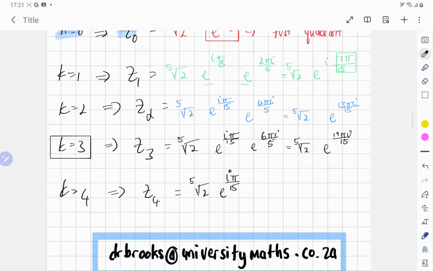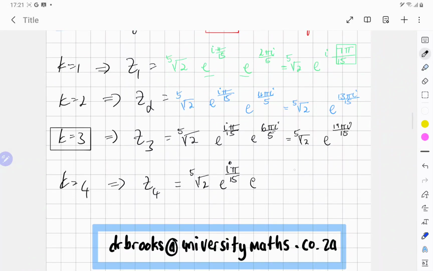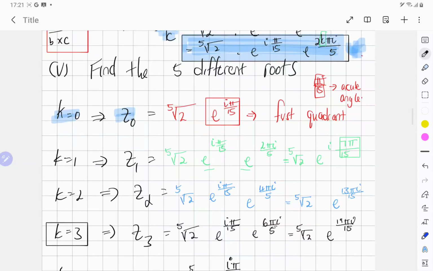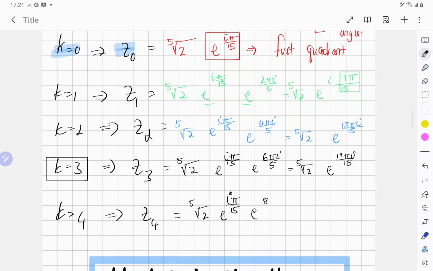And then the last one, we'll just do that one quickly. You replace k with 4. I get e to the 8 pi i over 5. So what do I get? I will get 25 pi i over 15.